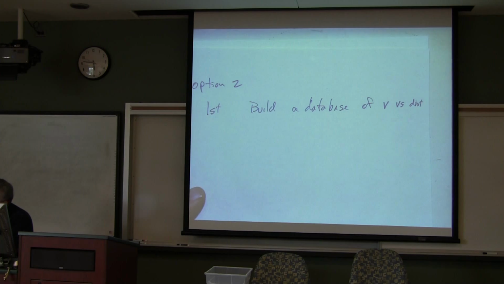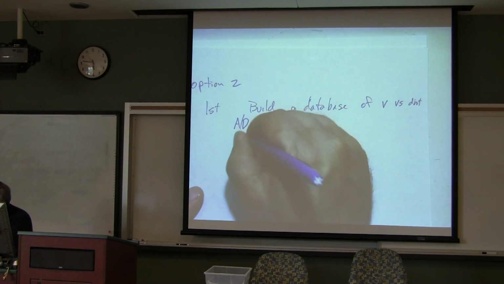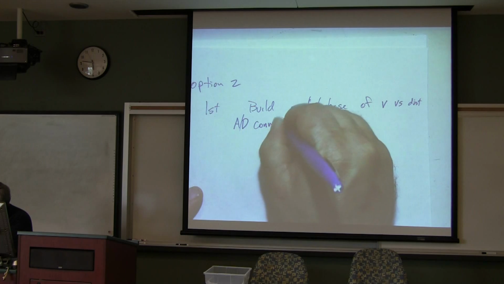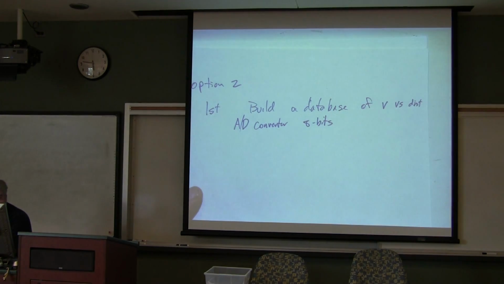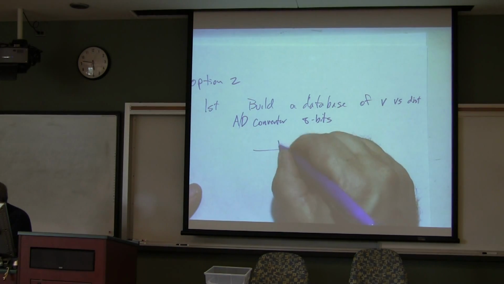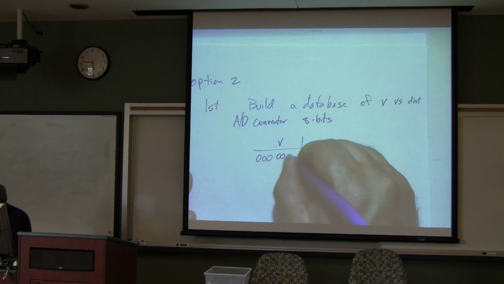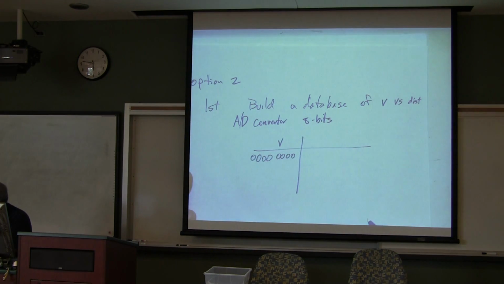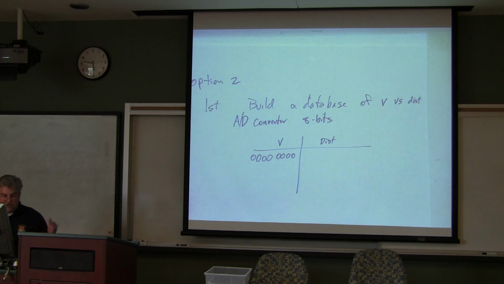And what do we know the voltage is? Well, let's say we have an A to D converter, which is going to be 8 bits. So you can have a table. When the voltage that you're measuring is 00000000, then your distance is going to be, let's see what we're saying here.